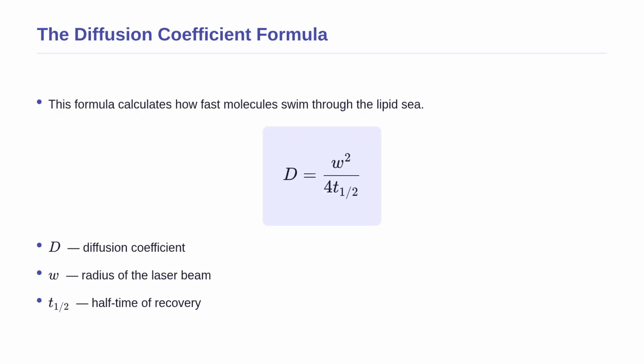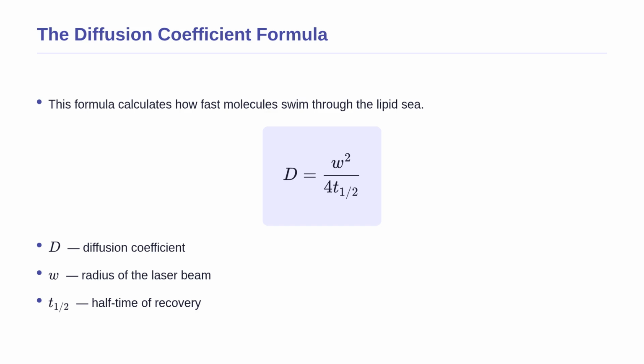The FRAP experiment we just discussed gives us the data needed for this mathematical formula. Conceptually, this equation translates the time it takes for a spot to recover into a standard speed of movement. Let us define the symbols. D represents the diffusion coefficient, which measures the speed of the lateral movement of molecules in square micrometers per second.